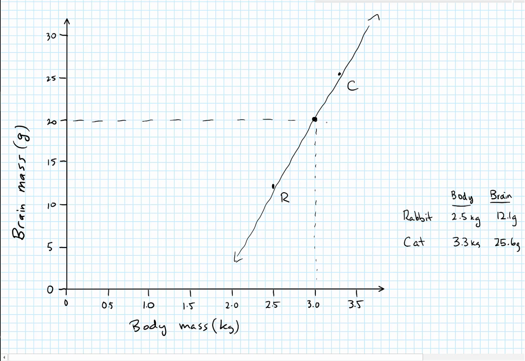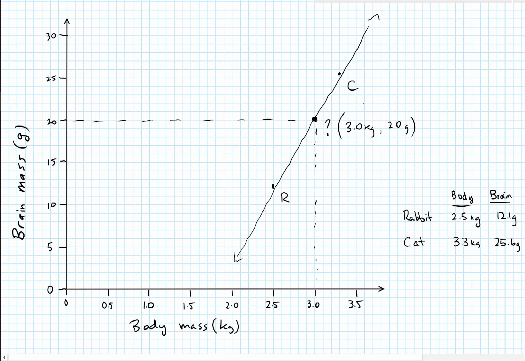So whatever this mystery animal is, it's going to have a body mass of about 3 kilos and a brain mass of about 20 grams. And even if this relationship is not linear, which I can tell you it's not linear, you're probably not going to be all that far off.